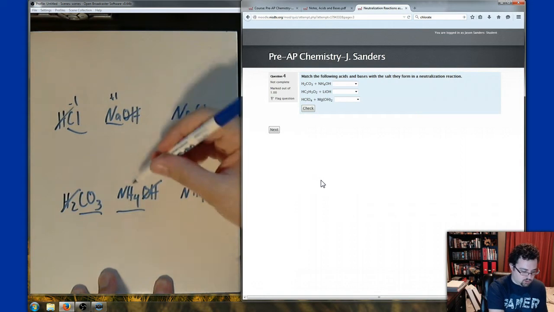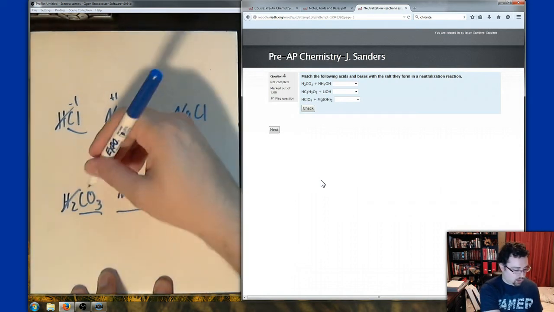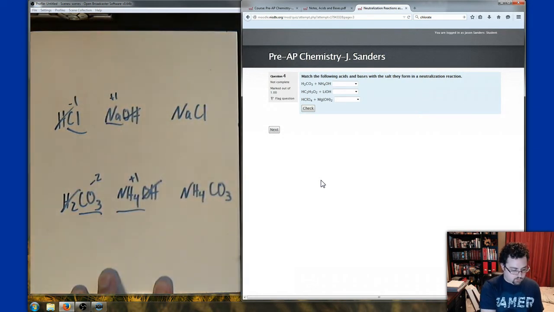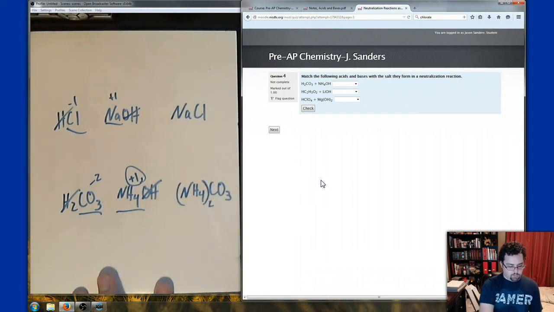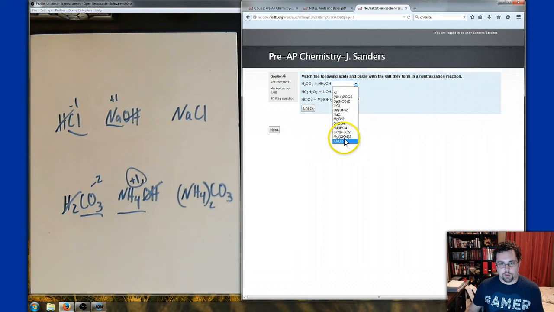NH4CO3, I got to check the charges. Ammonium forms a positive 1 ion. Carbonate forms a negative 2, as we can see from the 2 hydrogens. So it's going to take 2 of those ammoniums in order to balance out that carbonate. So it's (NH4)2CO3. So you just go up here and you get the drop down menu, (NH4)2CO3.